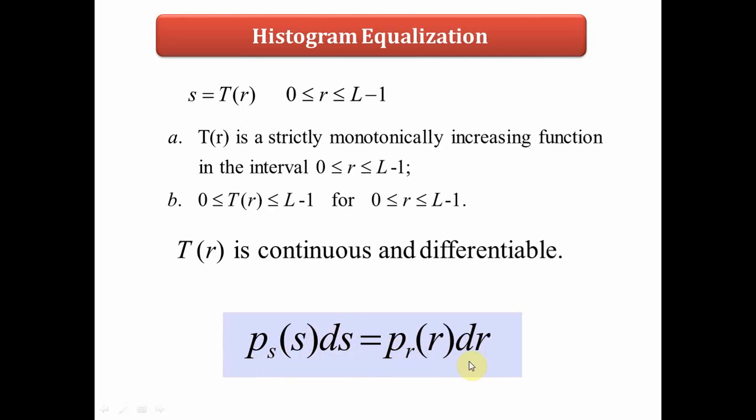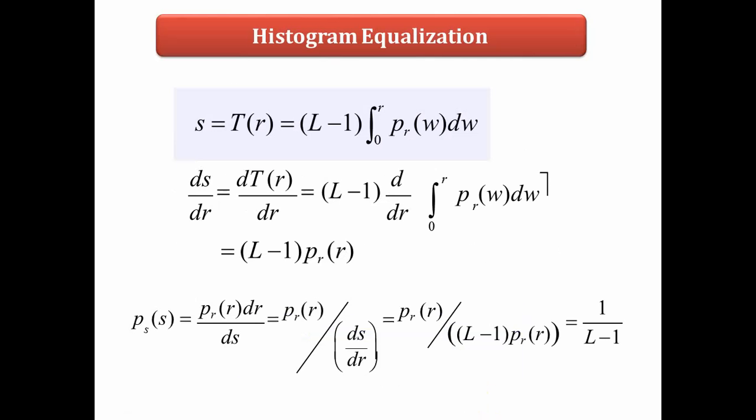ds. If you take this ds here, you have the formula dr by ds, which is nothing but P_S divided by P_R. This is a general density function, a representation of your PDF.